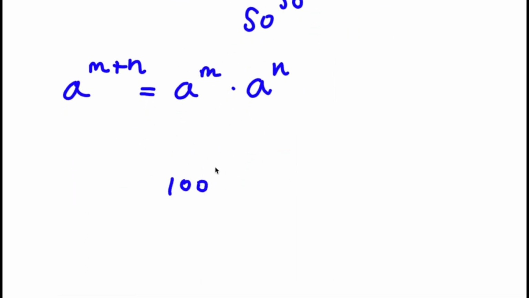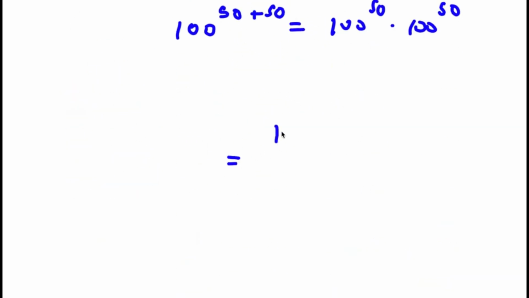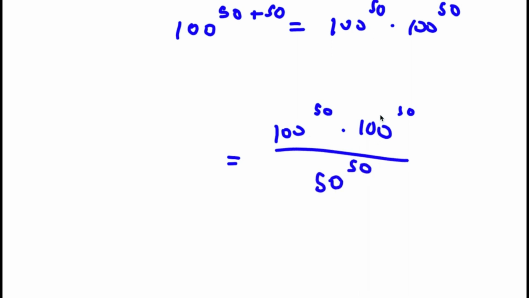So this is going to equal 100 to the power of 50 times 100 to the power of 50, since n is the same thing as m. So now I have 100 to the power of 50 times 100 to the power of 50 over 50 to the power of 50.